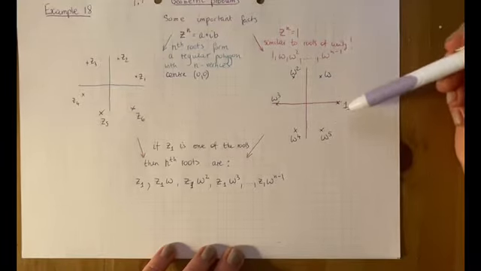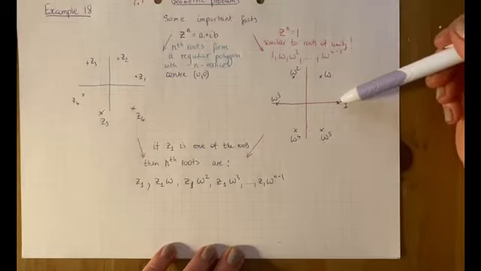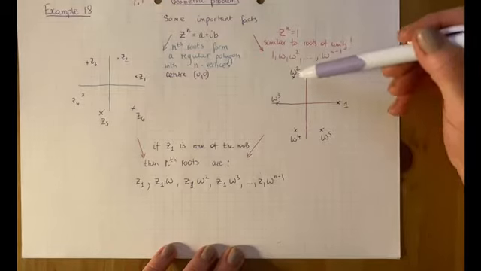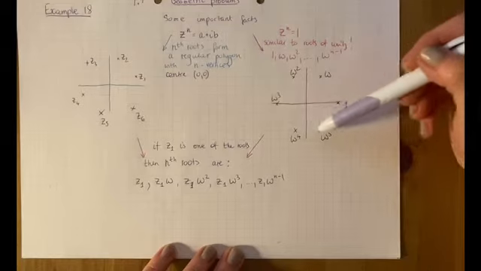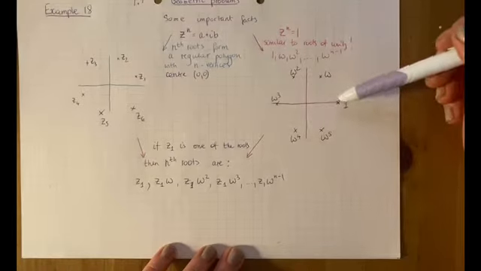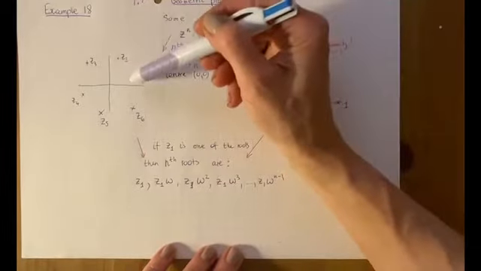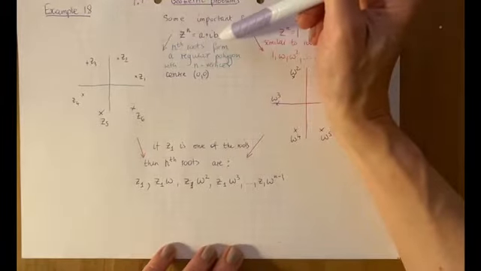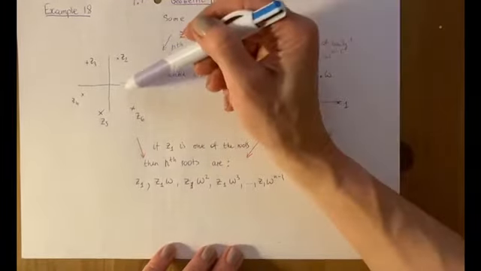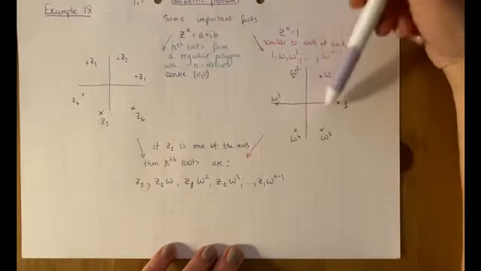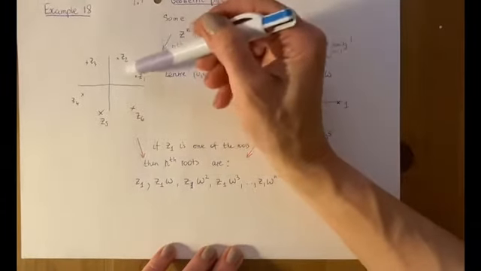Notice with the roots of unity, you will always start from 1 and then go every equal amount of angle around the origin to the next root. With the nth root of another complex number, this is the same regular polygon but slightly shifted.